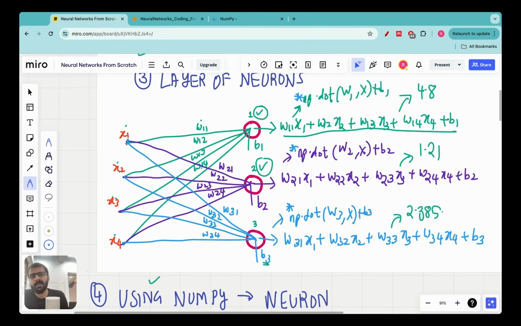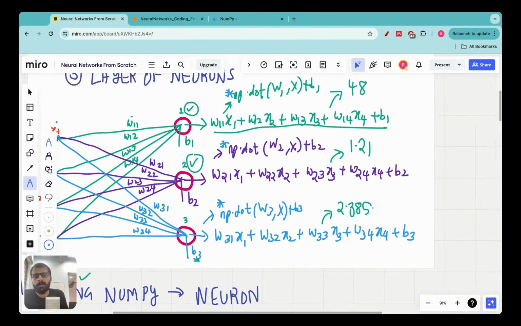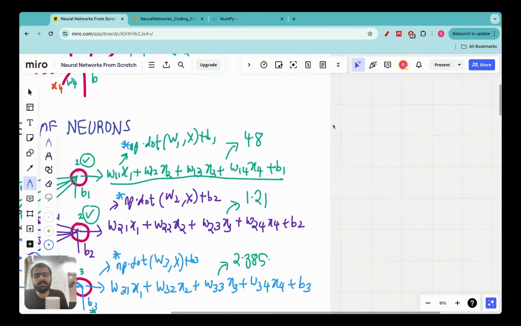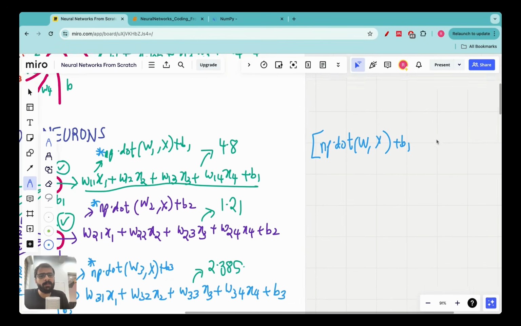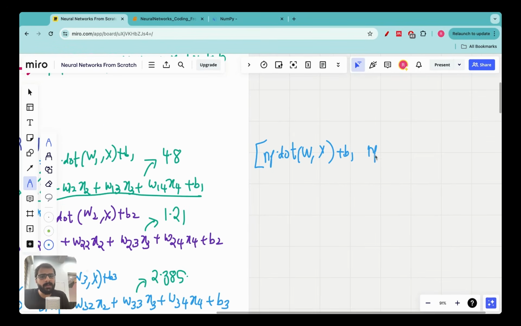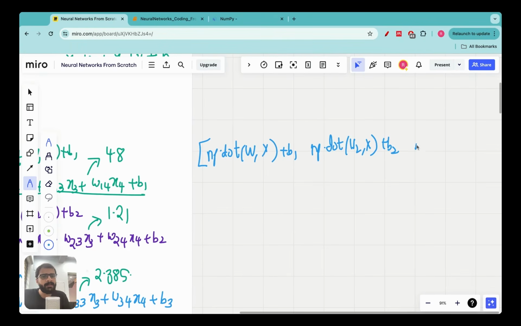You can say that my resultant vector is np.dot(w1, x) plus b1. This is the first element of the vector. The second element is np.dot(w2, x) plus b2, and the third element is np.dot(w3, x) plus b3.